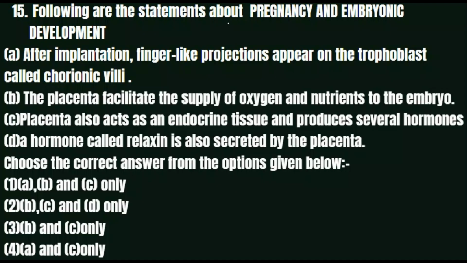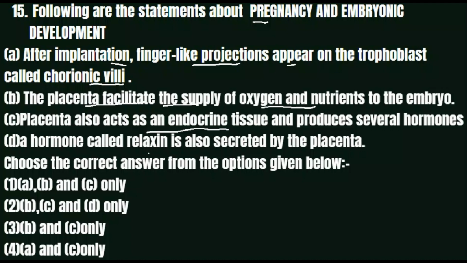Question number 15. Following are the statements about pregnancy and embryonic development. So the statements are like this. Statement A is after implantation, finger-like projections appear on the trophoblast called chorionic villi. Statement B, the placenta facilitate the supply of oxygen and nutrients to the embryo. Statement C, placenta also acts as an endocrine tissue and produces several hormones.